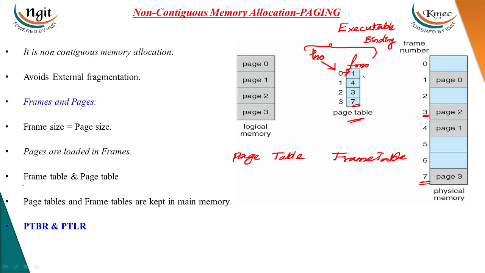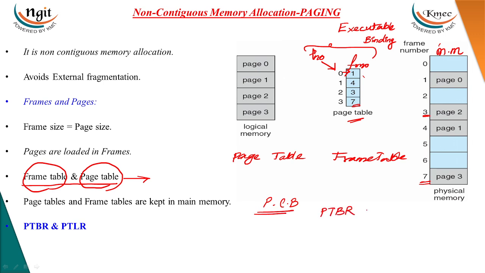So where are the frame tables and page tables stored? They are stored in main memory. In our PCB, the process control block, there is a register called the page table base register, which points to the page table in main memory.